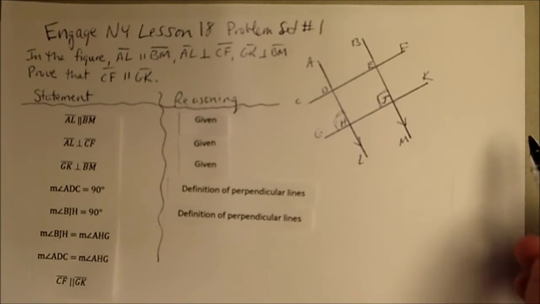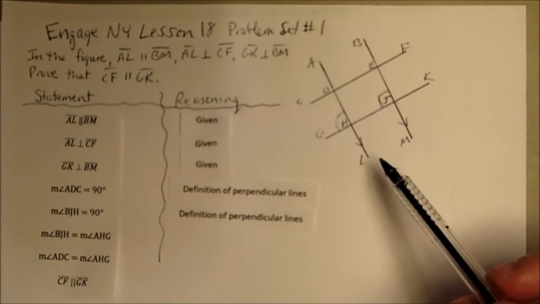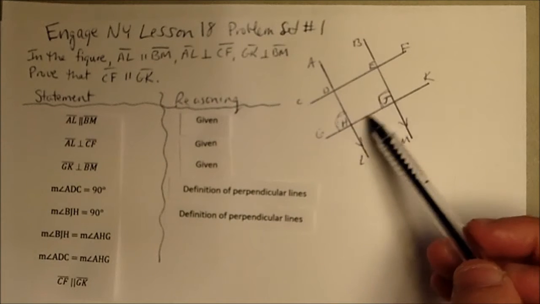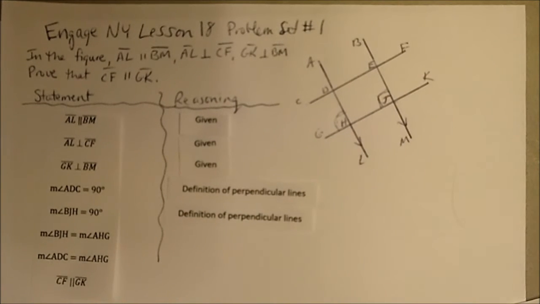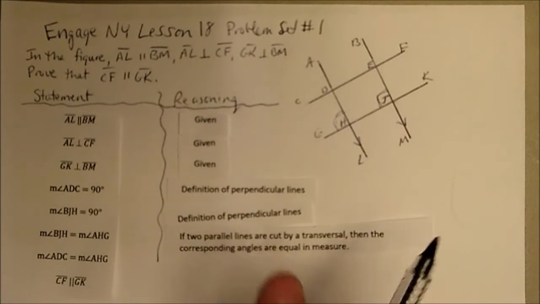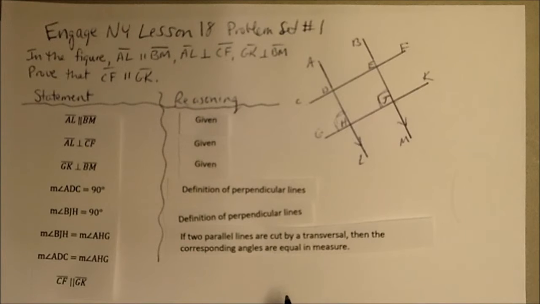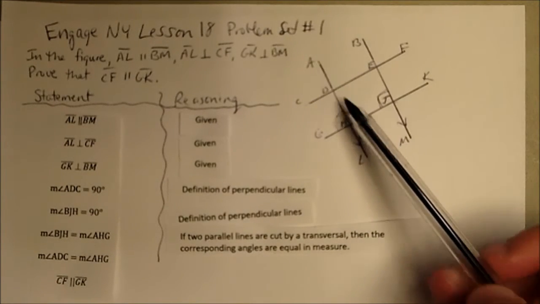We have corresponding angles here, and if we have corresponding angles along a transversal, then these two angles are equal. So we put here the reasoning: if two parallel lines are cut by a transversal, then the corresponding angles are equal in measure.